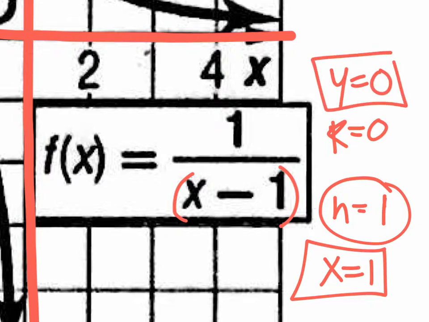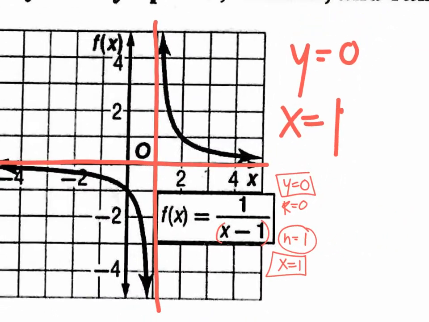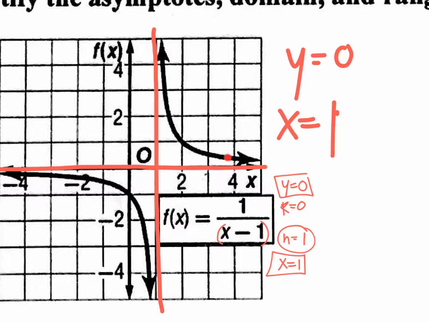So you don't have to do it visually. My horizontal asymptote is y equals 0, and my vertical asymptote is x equals 1. You could simply look at h and k and find your horizontal and vertical asymptotes. Isn't that a lot easier?